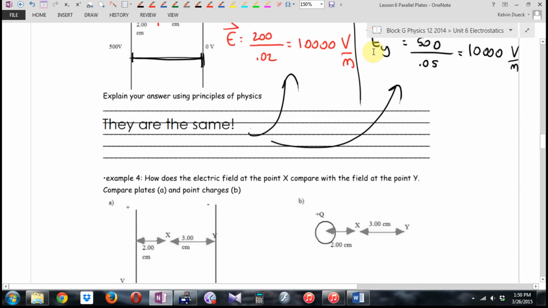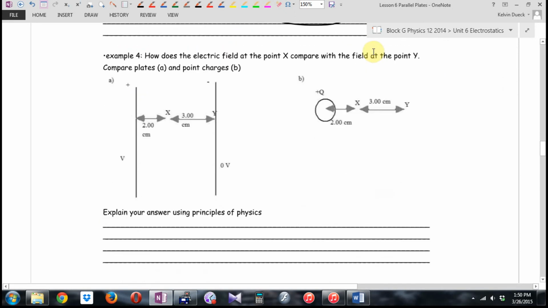Now that's different in example 4. These electric fields, comparing A and B, I mean here, here it's constant.